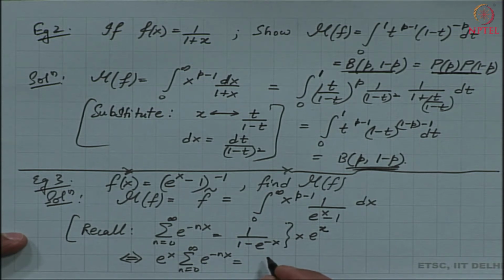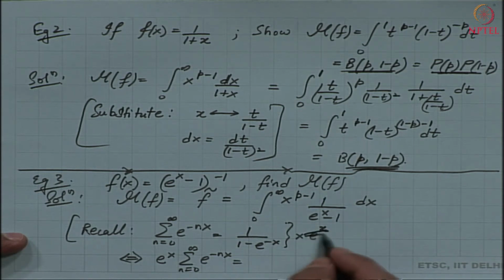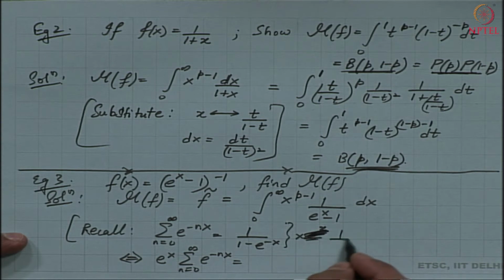well, let me just not multiply. I think the thing that works here is, I divide throughout by e to the power x. So, that should work. So, let me just divide throughout by e to the power x, and what I get is 1 by e to the power x on the left hand side times this series is equal to 1 by e to the power x minus 1.